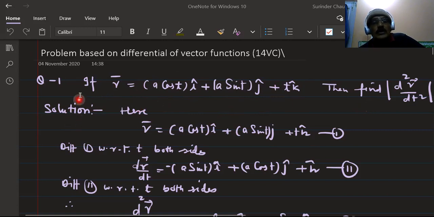Now let's solve the problem. If r vector is equal to a cos t i plus a sin t j plus t k, then find the modulus of the second derivative of r vector with respect to t.